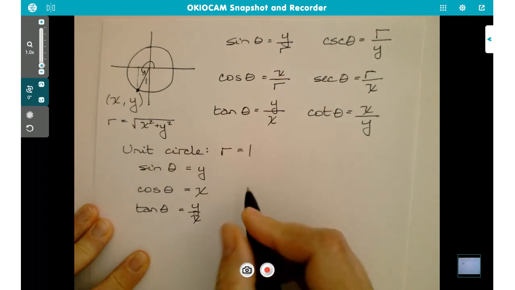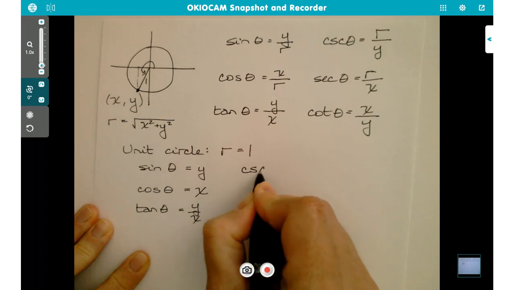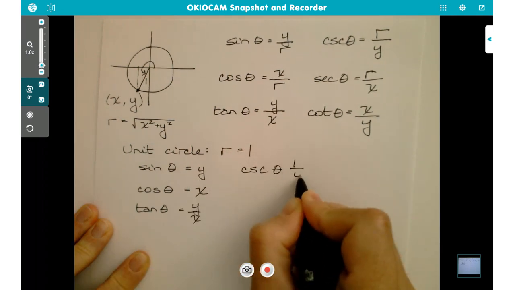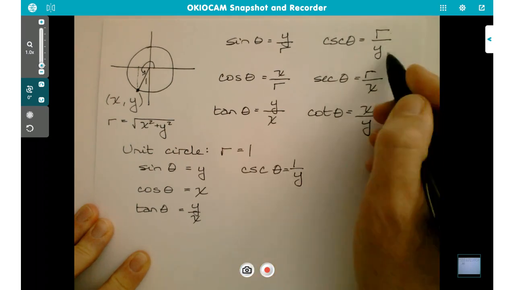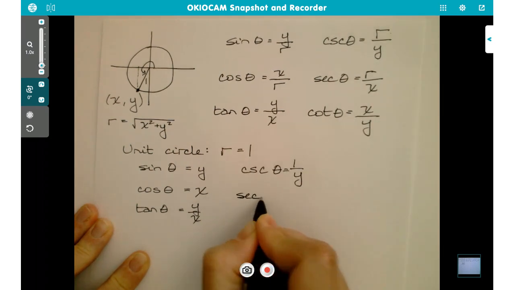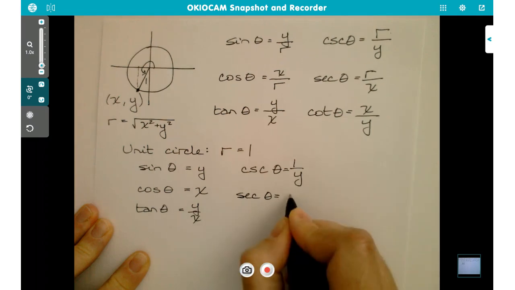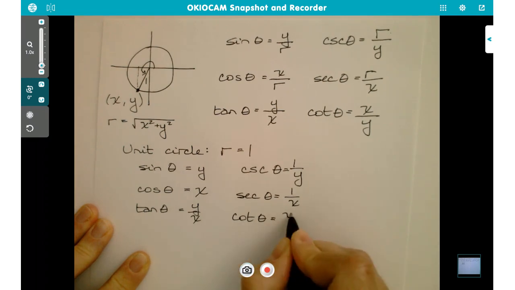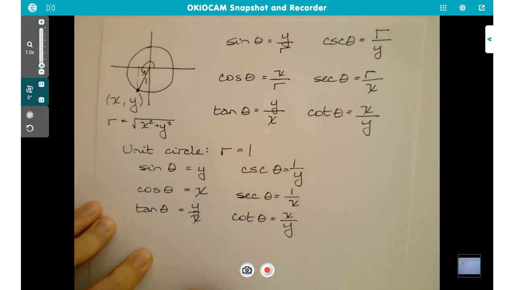And the other 3, the cosecant is the reciprocal of the sine, so that's 1 over y. The secant is 1 over x, and the cotangent is the reciprocal of the tangent, x over y.